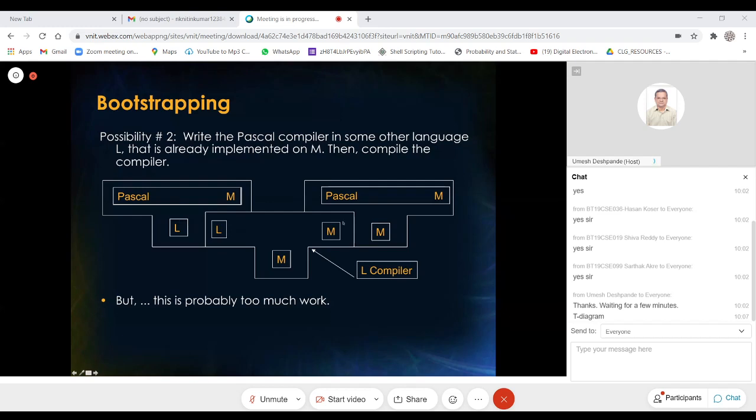But now that version would work on this machine M. So that is the target language of the translator. Essentially, what we have got is now a translator that translates any Pascal program into this target language M, and the translator itself now works on this machine M, because we would have produced the executable version of the translator.